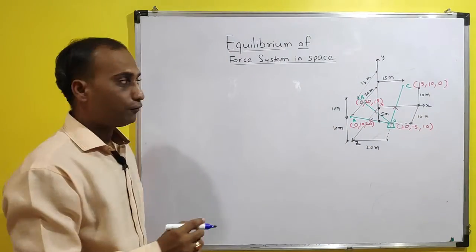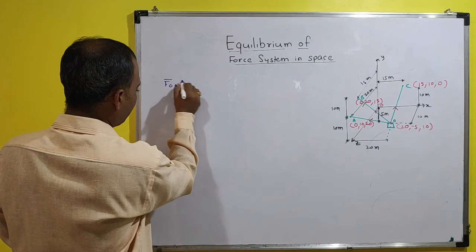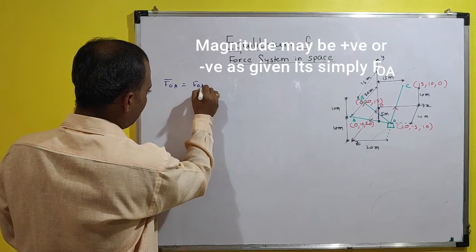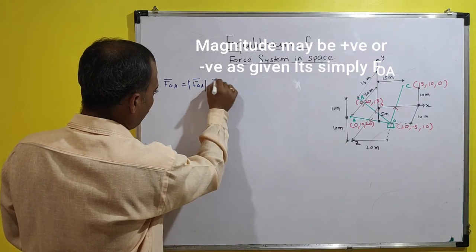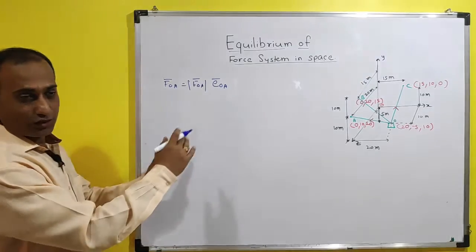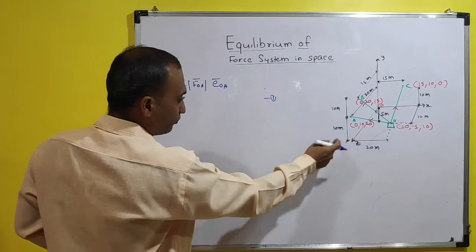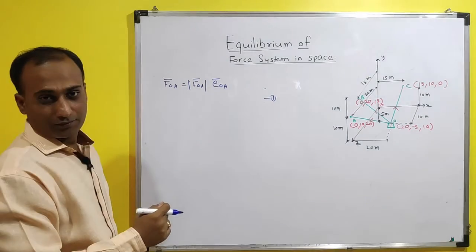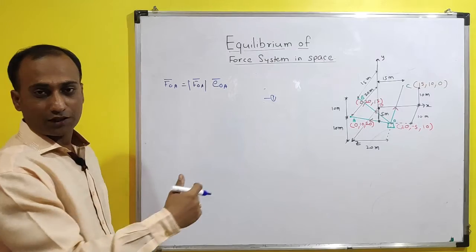You have to calculate the force vector for F OA, which is equal to the magnitude times the unit vector along OA. So you have to write this one equation of the force vector, because you know the coordinates, and you know next minus previous, or second point minus first point.